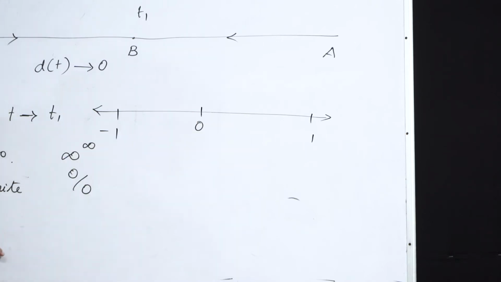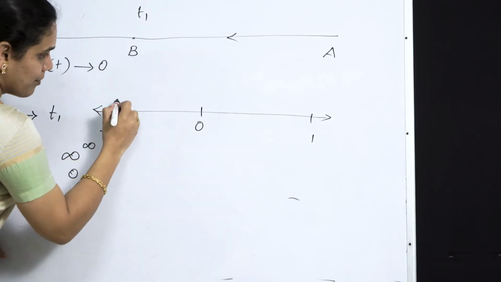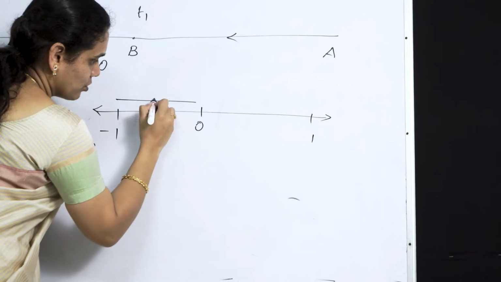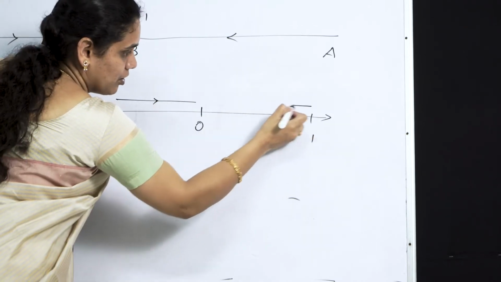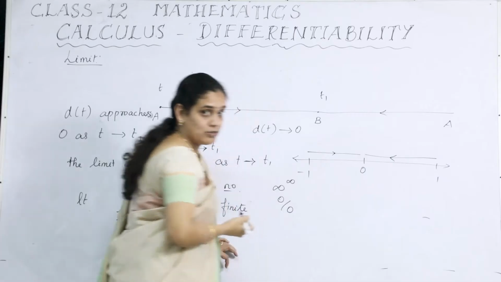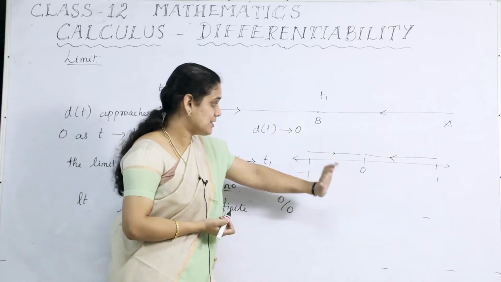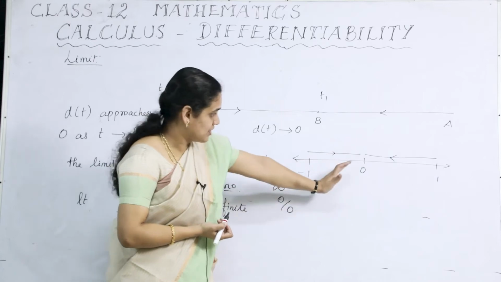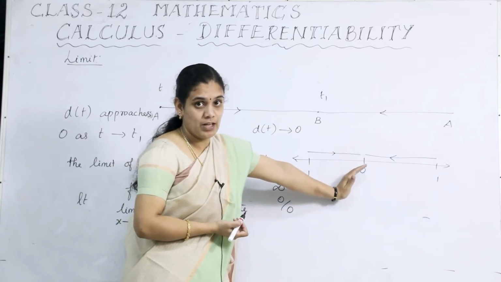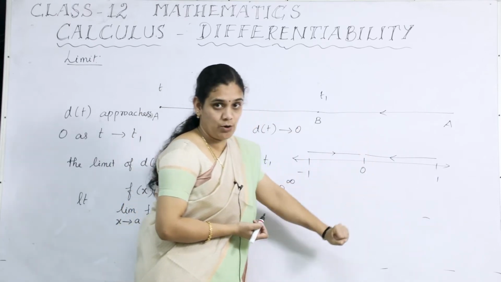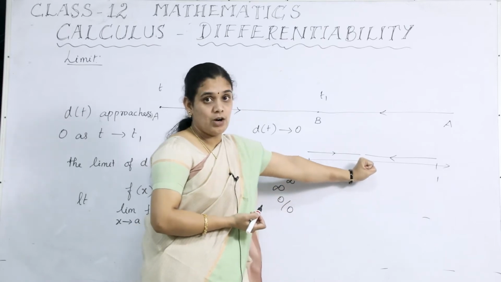If you want to reach this 0, you can move from minus 1, or you can move from 1 also, isn't it? So approaching 0. Please take note of this word, approaching 0. We are not reaching the 0. We are not going to take this 0. We are not going to hold or own this 0.